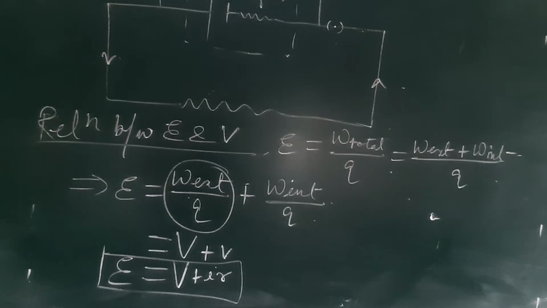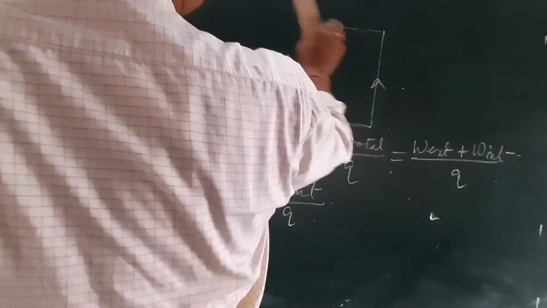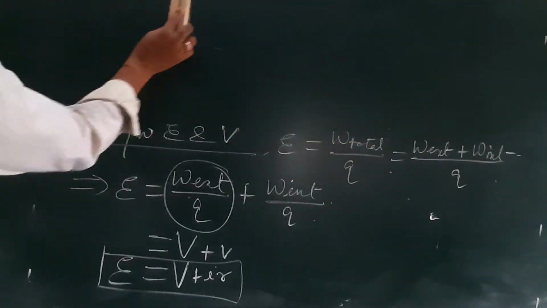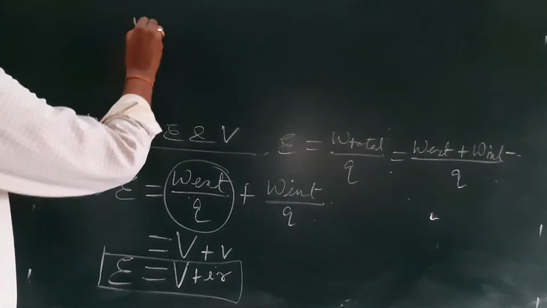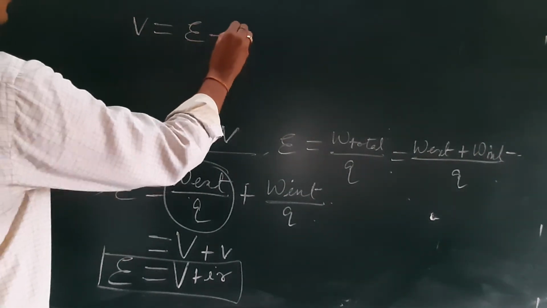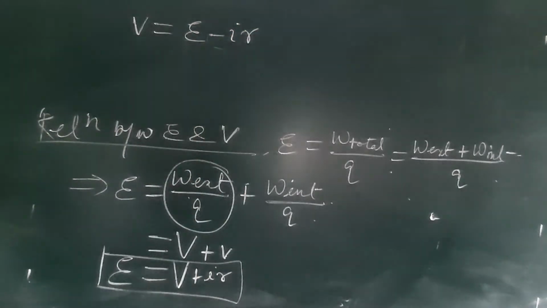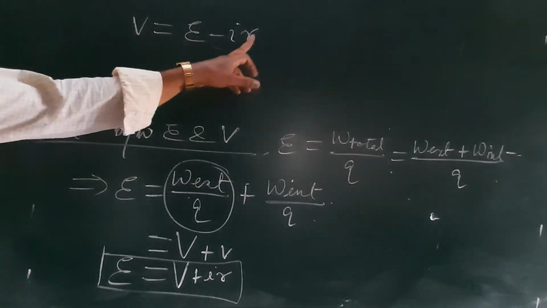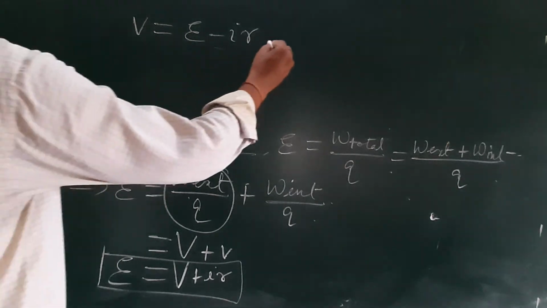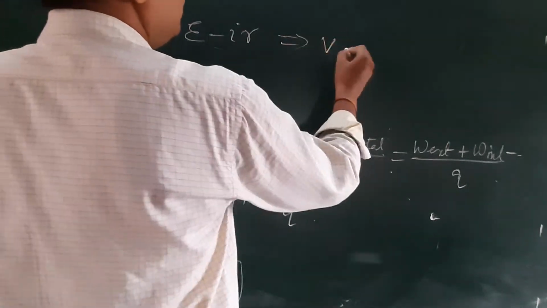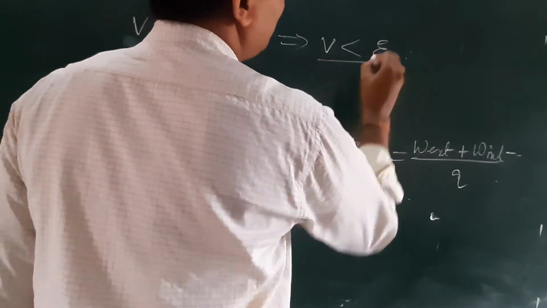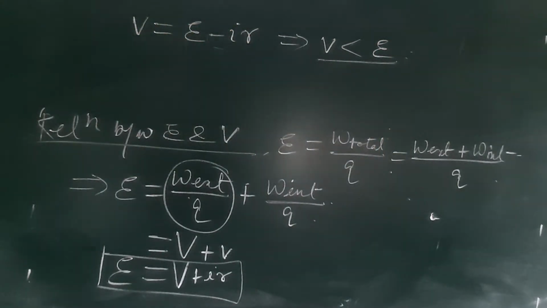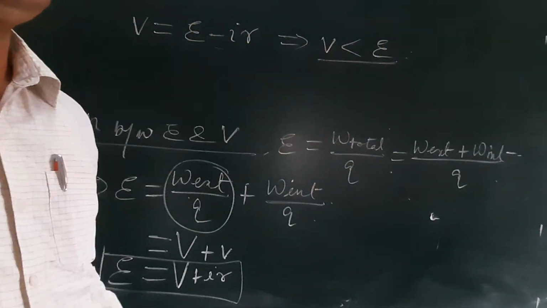From this relation, what you are concluding about the terminal potential difference? V is equal to E minus Ir. This implies that terminal potential difference is somewhat less than EMF of the cell.